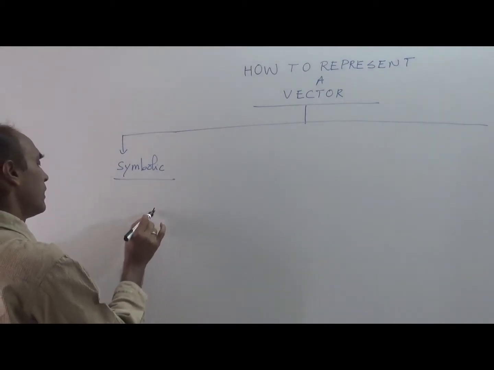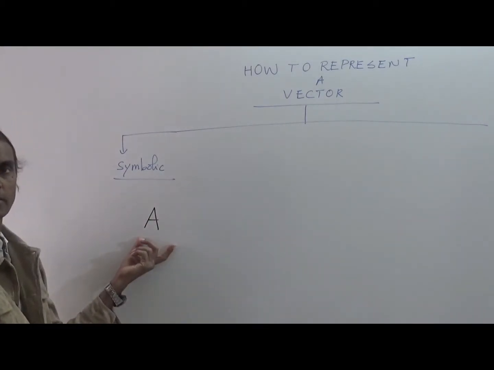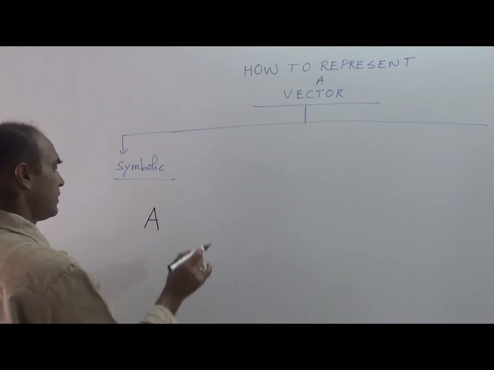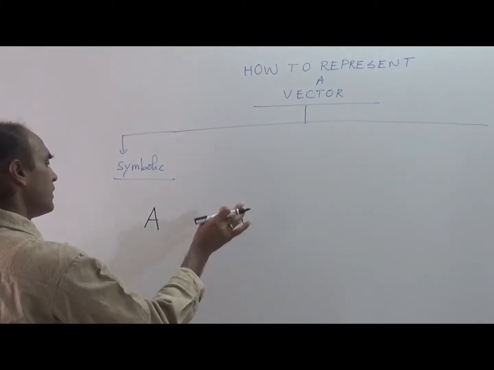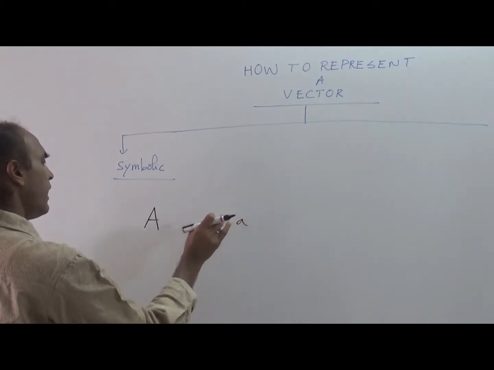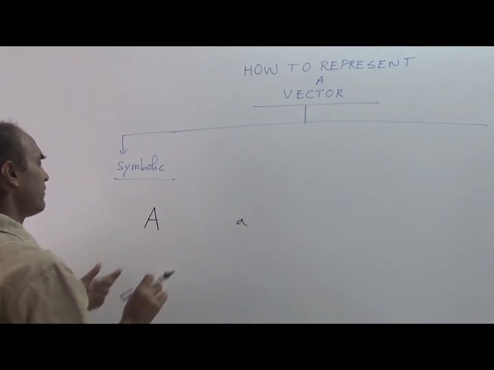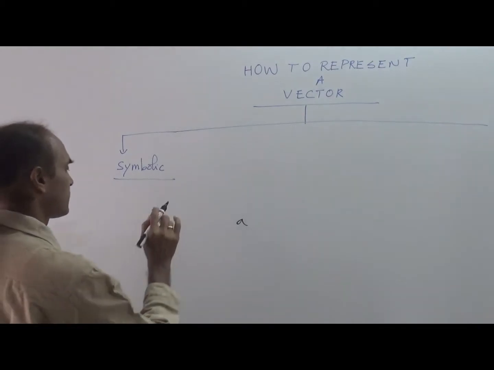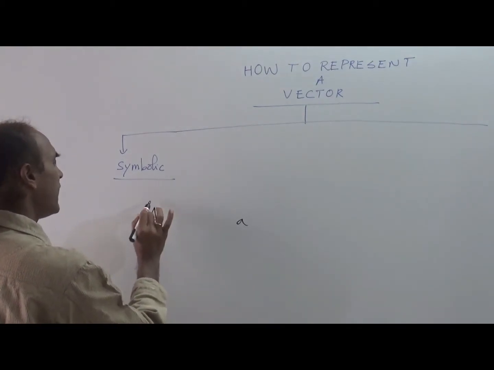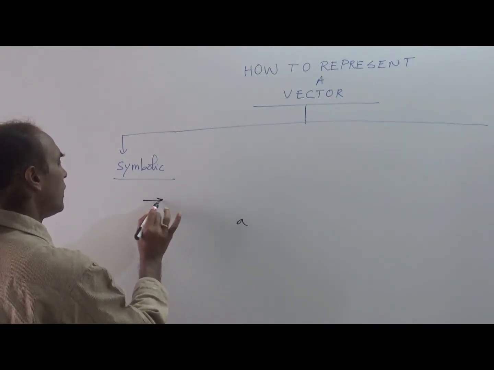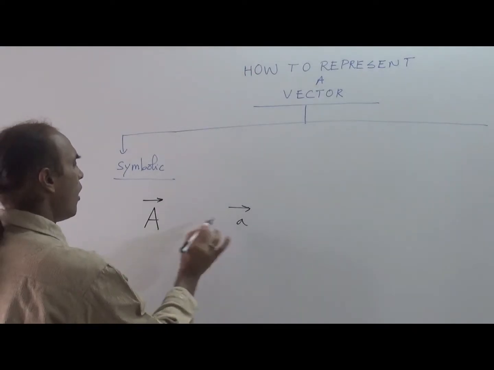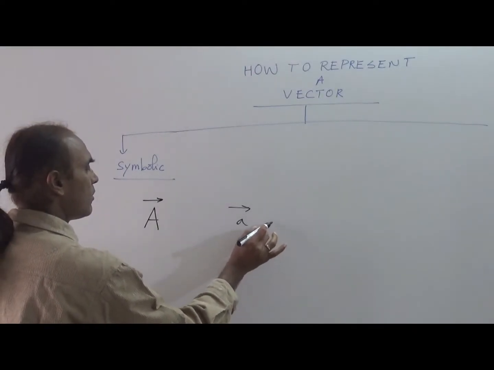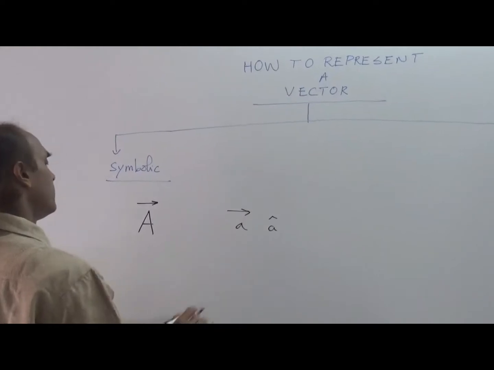We take a letter, it may be a small letter, a lowercase, or it may be a capital letter or uppercase. Over the letter you can give an arrow or cap.